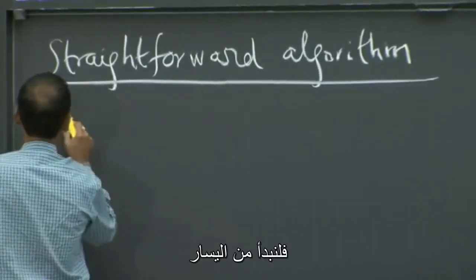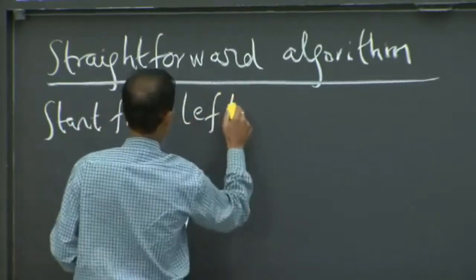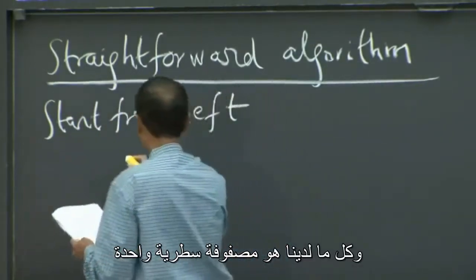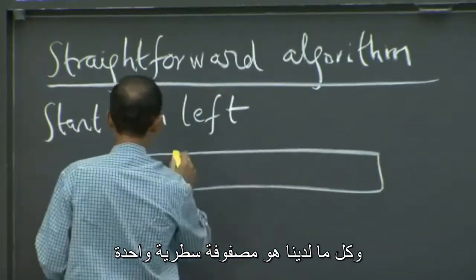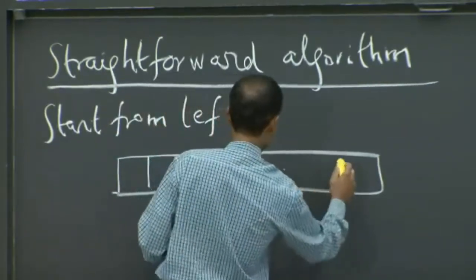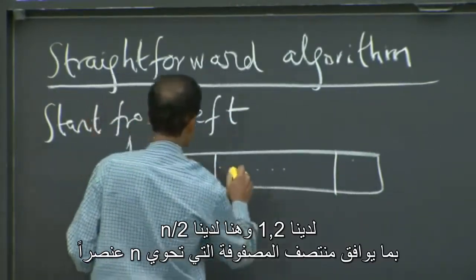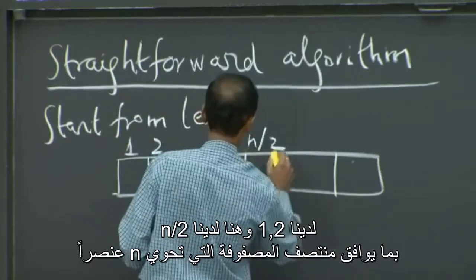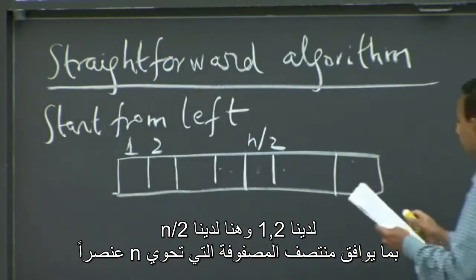So let's say we start from the left. And all we have is one traversal, really. So let's say we have 1, 2, and then we have n over 2 over here, corresponding to the middle of this n element array.